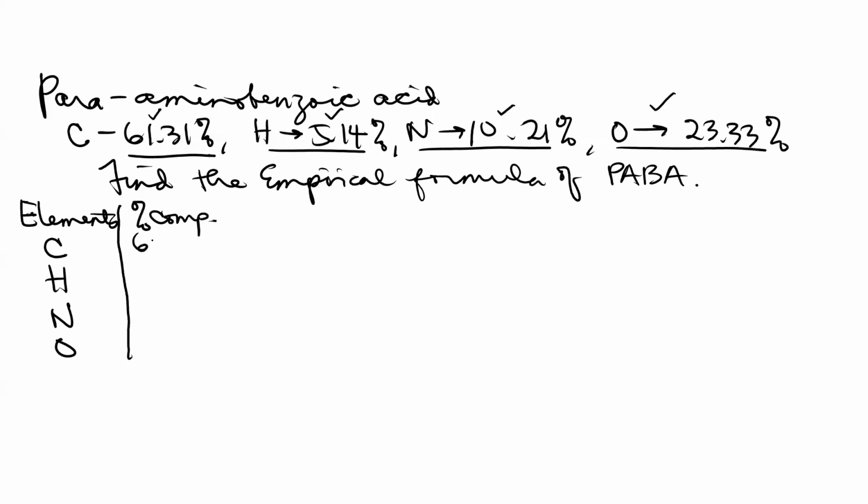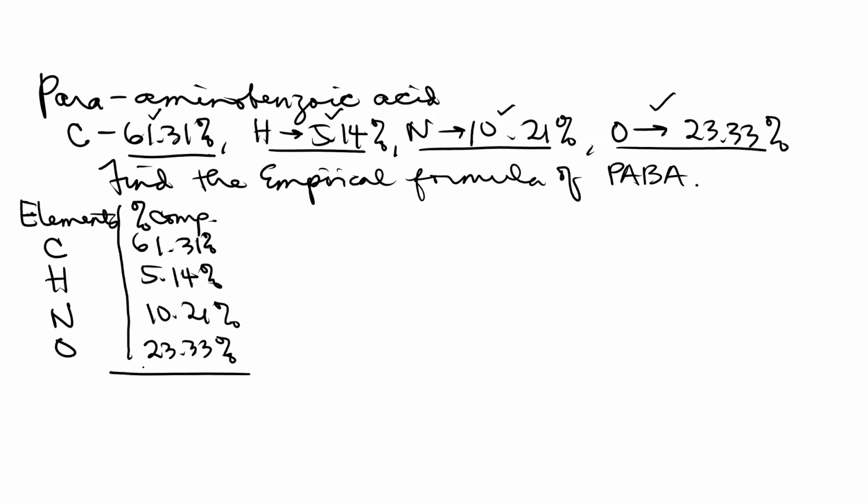Our carbon is 61.31%, 5.14%, 10.21%, and 23.33%. If you add this all together, you will have 100% composition for your para-aminobenzoic acid.